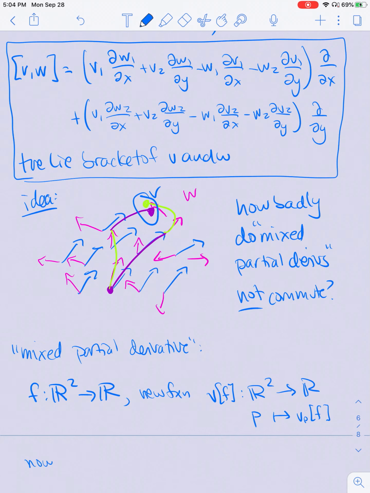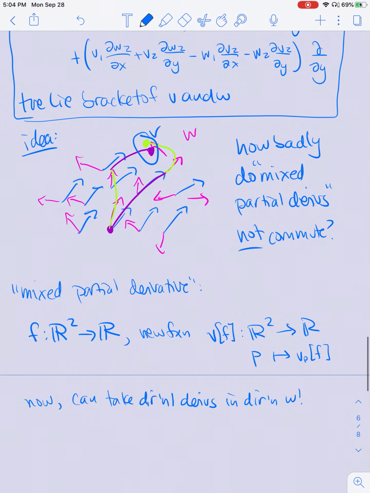So now I can take directional derivatives in the direction W, right? So this is a new function. So now I can apply W. That can be applied to V applied to F. That makes sense.